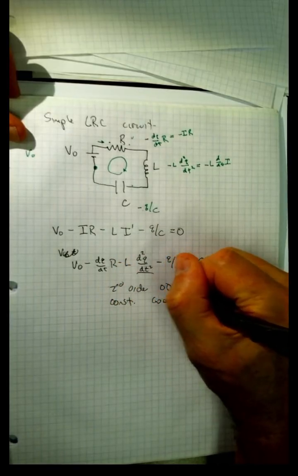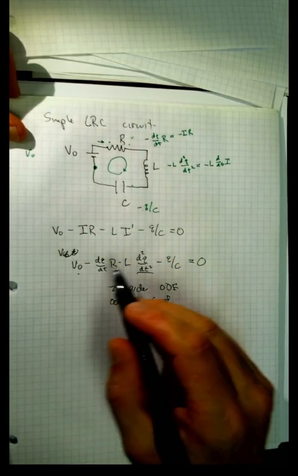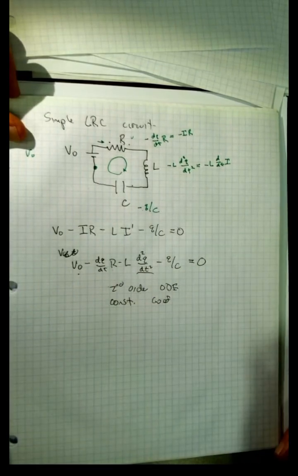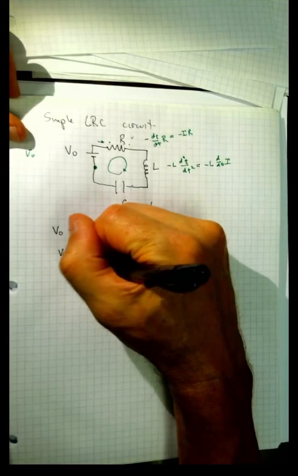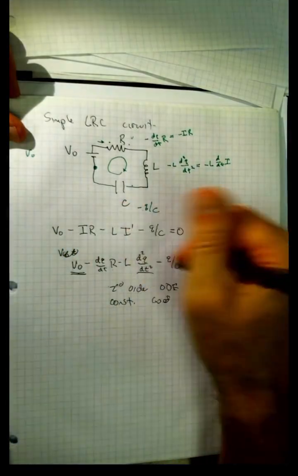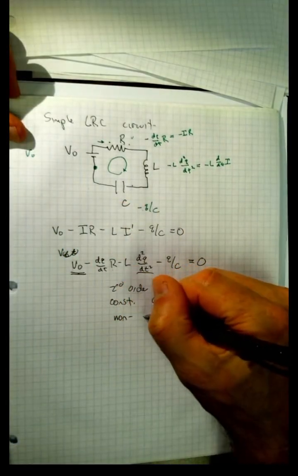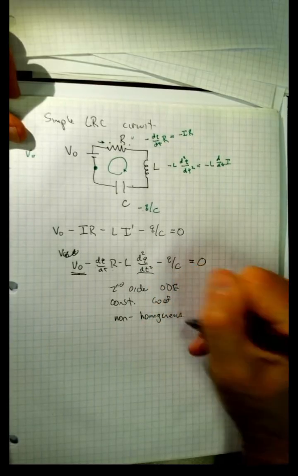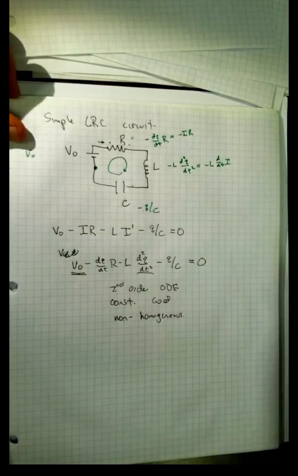It's constant coefficient because V naught, R, L, and C are all constants. In this case, I've got a term here that does not have Q, so we will say it's non-homogeneous. If that V naught is 0, then we would say it's homogeneous.